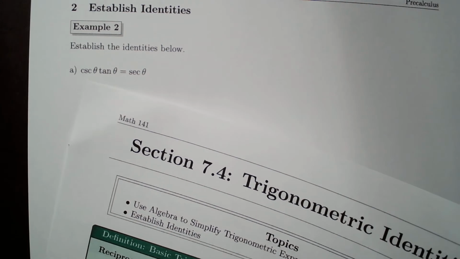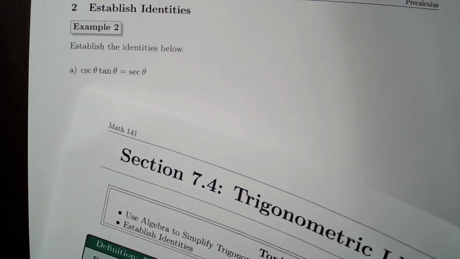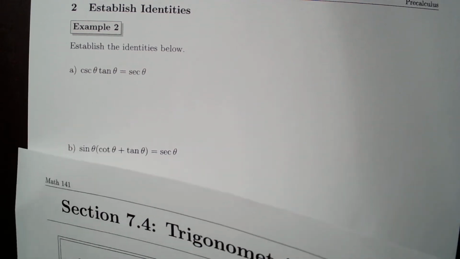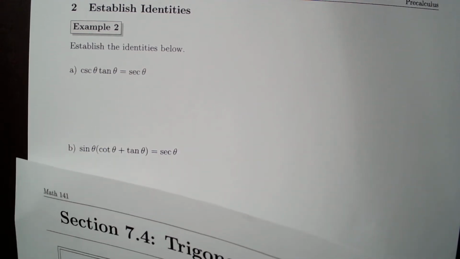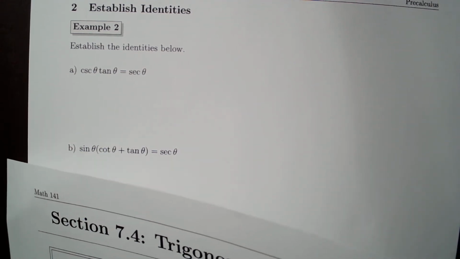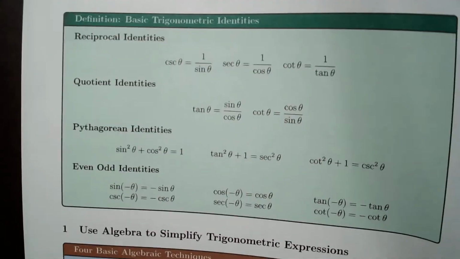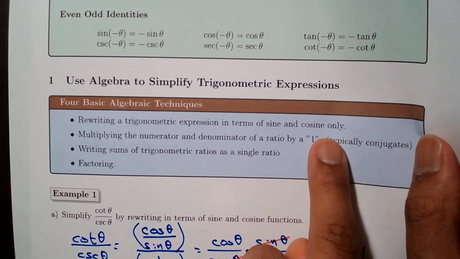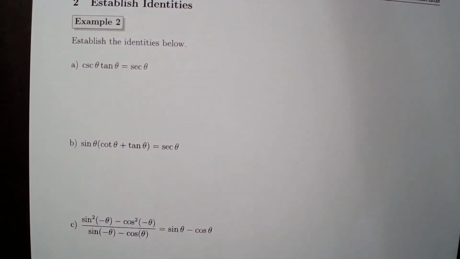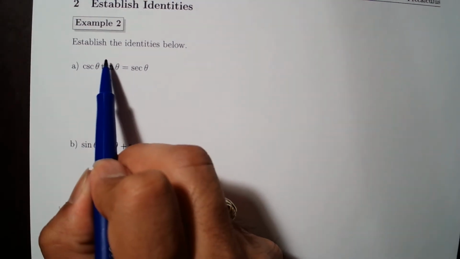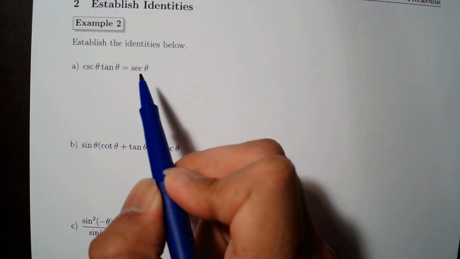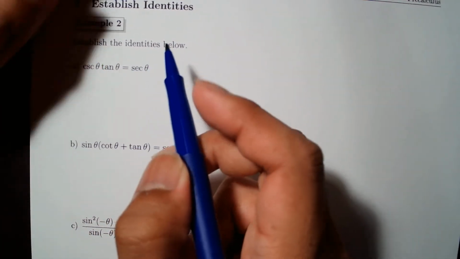Notice this is infested with cosecants, tangents, secants, so it would be a good idea to rewrite this in terms of sines and cosines, which is the first technique that they taught us. We're going to work only on the left hand side and leave the right hand side alone.